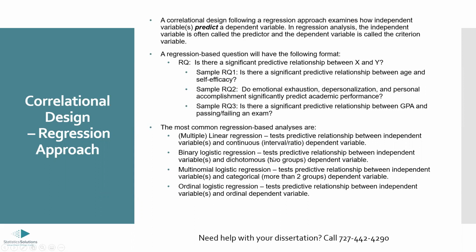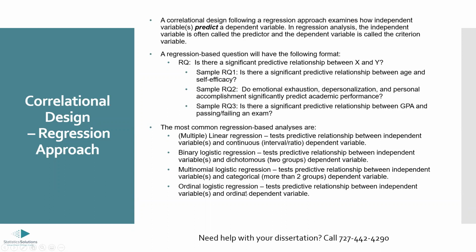If we have a binary outcome, something like passing and failing of an exam, then we can do a binary logistic regression. Then we have a multinomial logistic regression, which is for a categorical variable with more than 2 groups. So if you're trying to predict ethnicity, for example, white, black, Asian, Hispanic, something like that, then you can do a multinomial logistic regression.